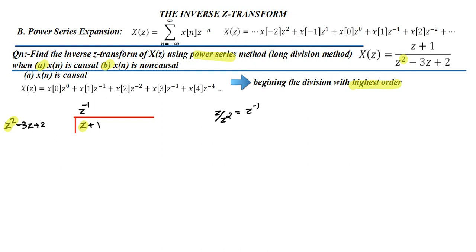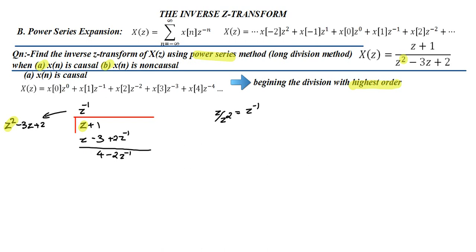Now I need to multiply with the factor, so it becomes z minus 3 plus 2 z raised to minus 1. We subtract these two equations, giving 4 minus 2 z raised to minus 1.